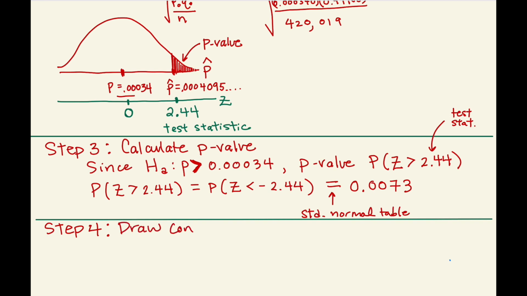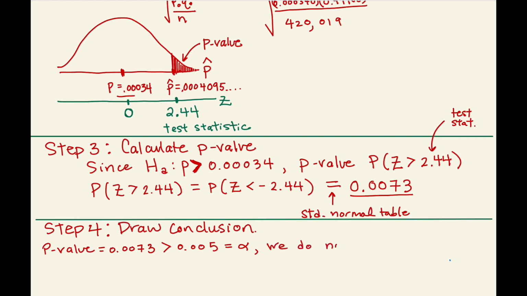So step 4 of our hypothesis test is that we are just going to draw our final conclusions. What I notice is that the p-value, 0.0073, is actually greater than our significance level, because we did choose it to be pretty small. And when the p-value is greater than the significance level, we do not reject the null hypothesis.